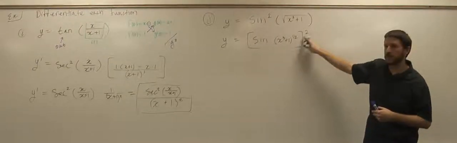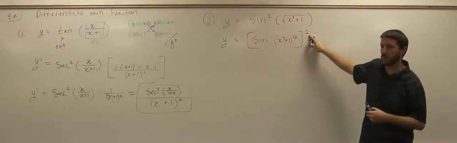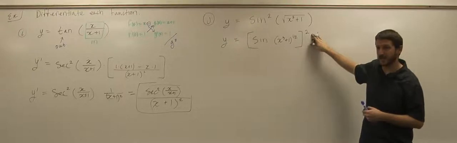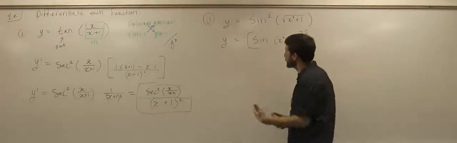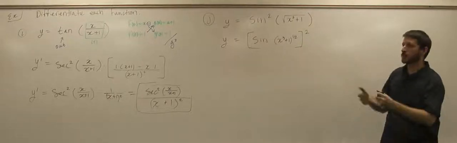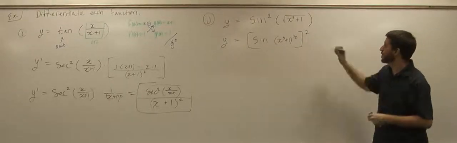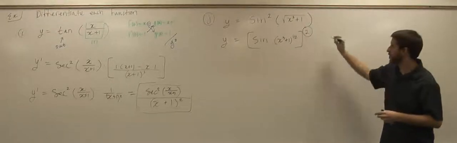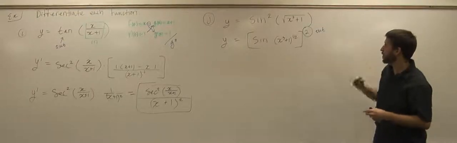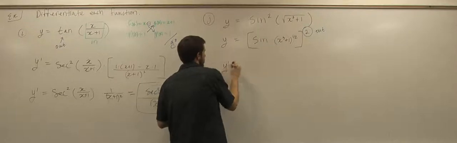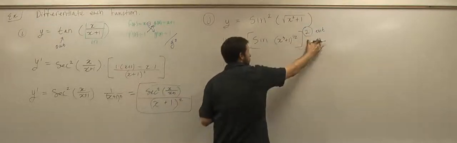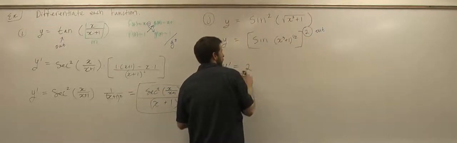Do these cancel? No, because that's inside. This is inside, this is outside. So when I start applying the chain rule here, my outermost function is going to be the 2. So this is where I'm going to start. There's kind of a cascading effect. Do the derivative of the outside first, so 2 comes down.